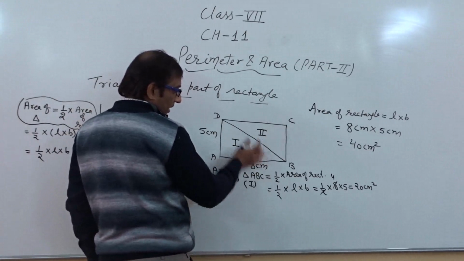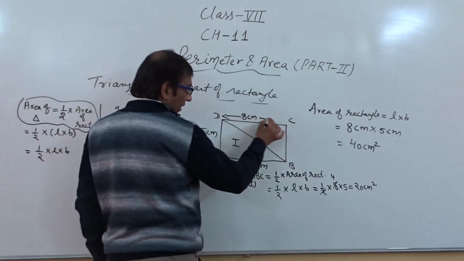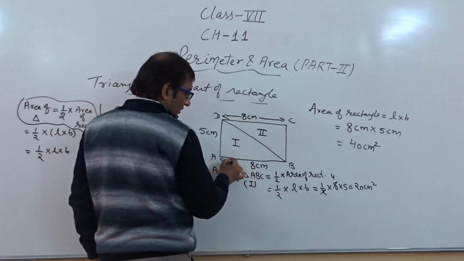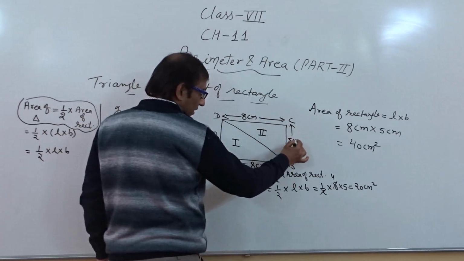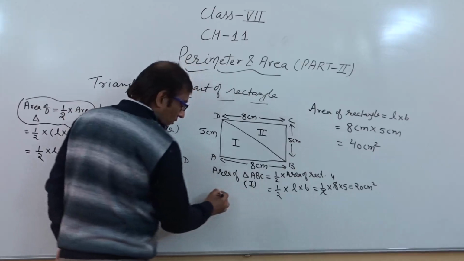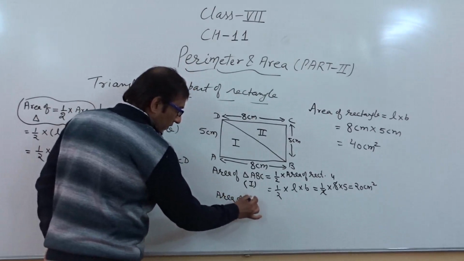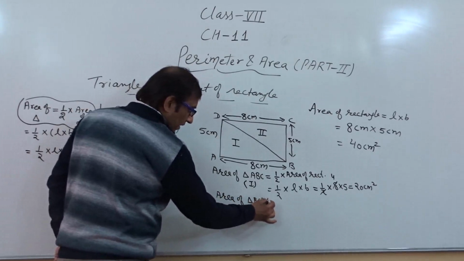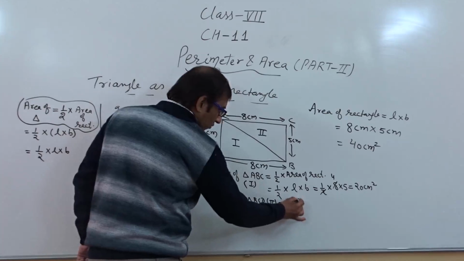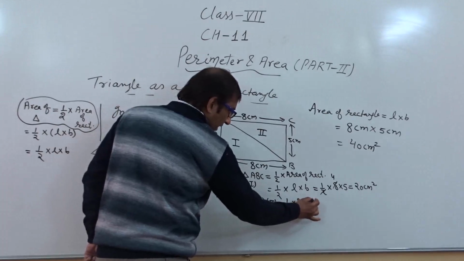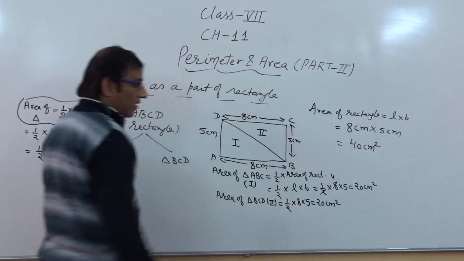If this is 8 centimeter, again this is 8 centimeter, because we know very well that in a rectangle opposite sides are equal. Same for breadth, this is again 5 centimeter. So if we solve the area of triangle BCD, the second triangle, again we get half into 8 into 5, which is 20 centimeter square.